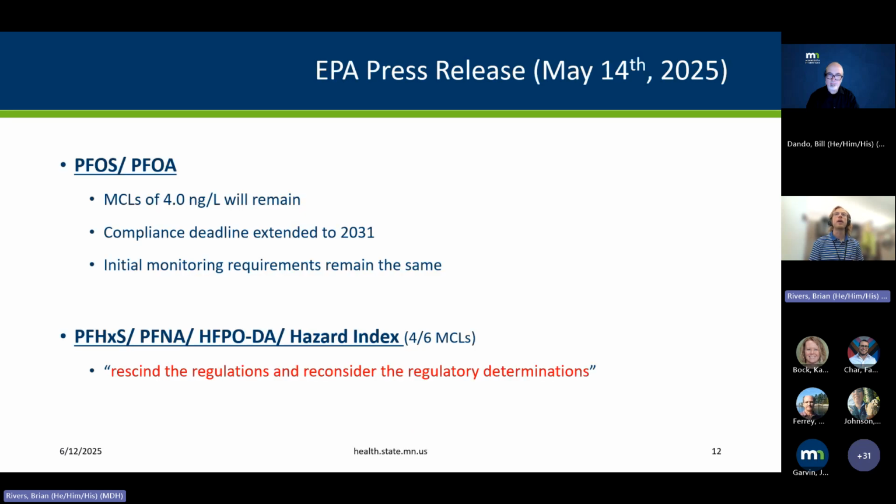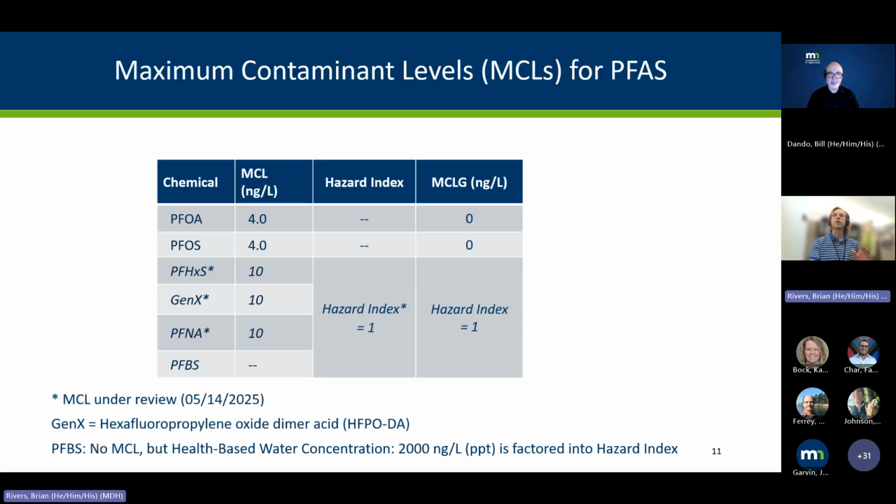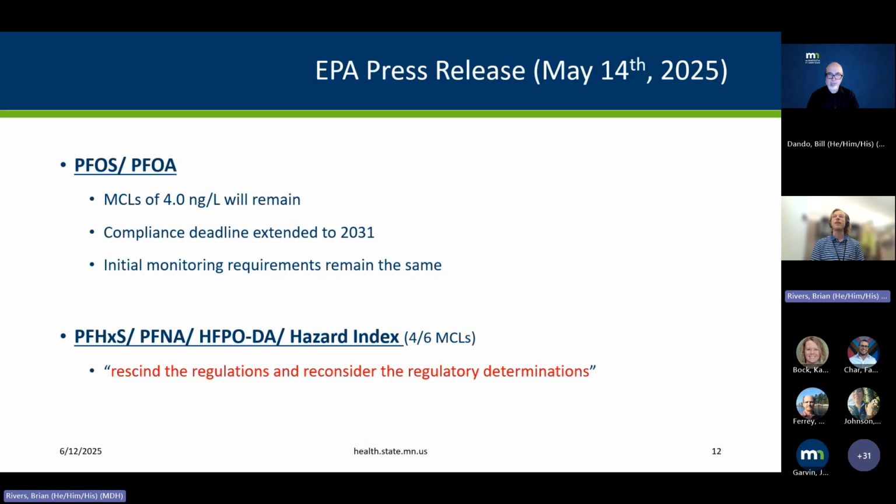As I alluded to, these were the standards up until May 14th of 2025, and that was only a few weeks ago now. It still feels pretty fresh, but the EPA issued a press release saying that for PFOS and PFOA, the MCLs of 4 nanograms per liter will stay the same.